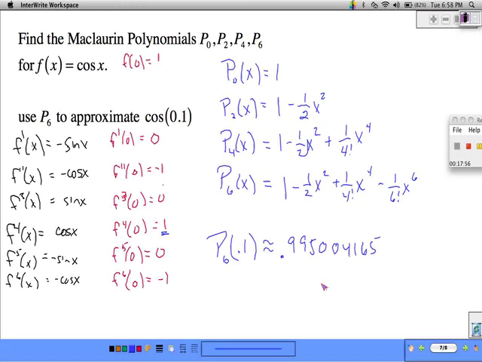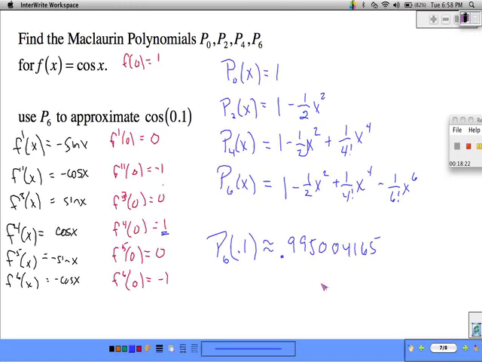And what you should hopefully recognize is the more terms I add on, the closer this is going to get to a value of 1, and the closer it's going to get to approximating what the cosine of 0.1 really is if you actually plug it into your calculator.